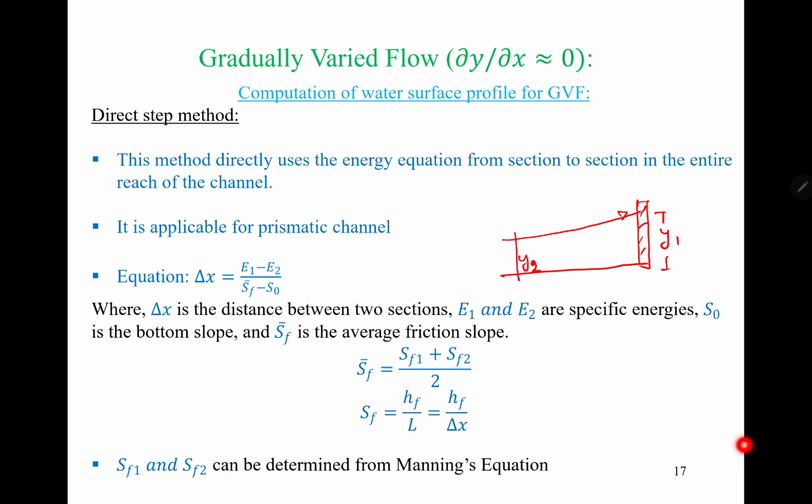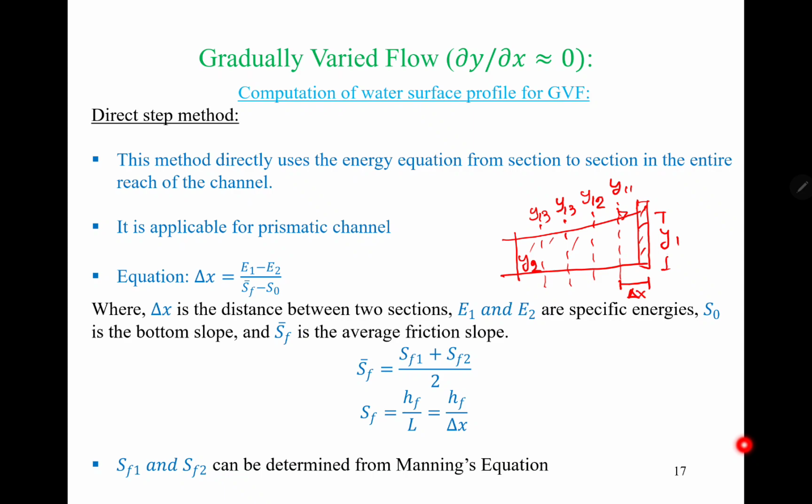What you will basically do is divide this whole section into some parts. This one is y1, this one is y2. You can say this one is y11, 1 2, 1 3, 1 4, and the distance between y11 and y1 is delta x.